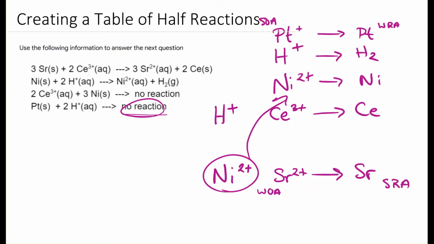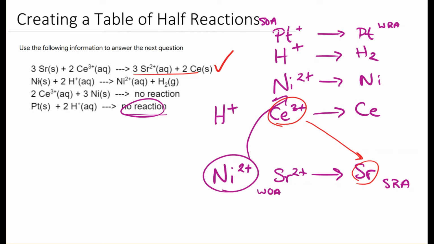So find strontium atoms and cerium ions. This reaction looks like it's spontaneous. Is this reaction spontaneous? Yes. Good. That makes sense. This table makes sense with what we see in the information given to us.